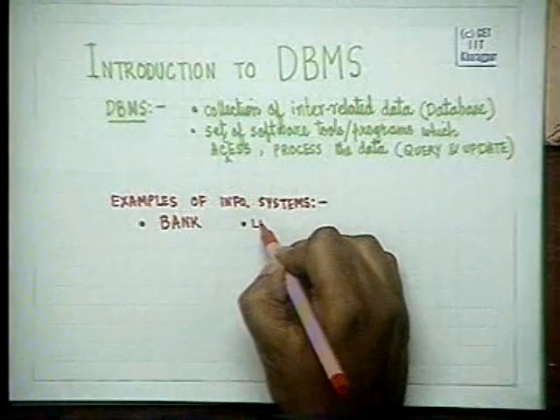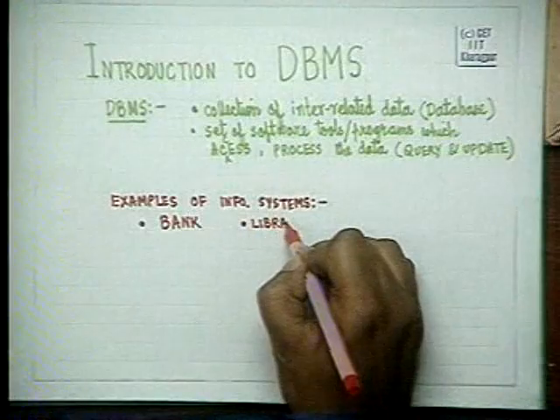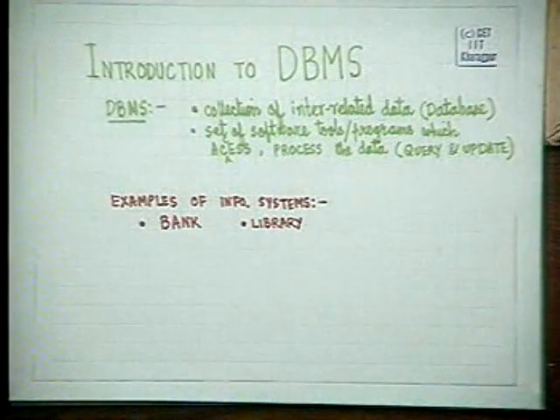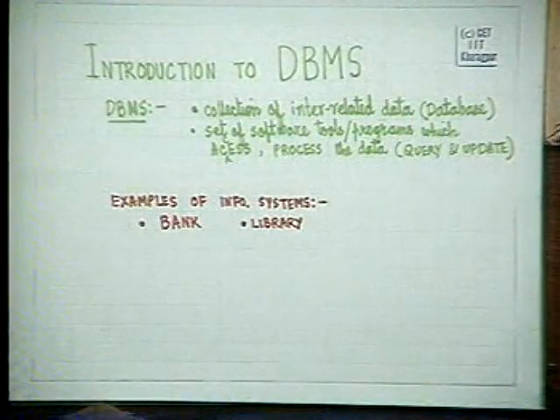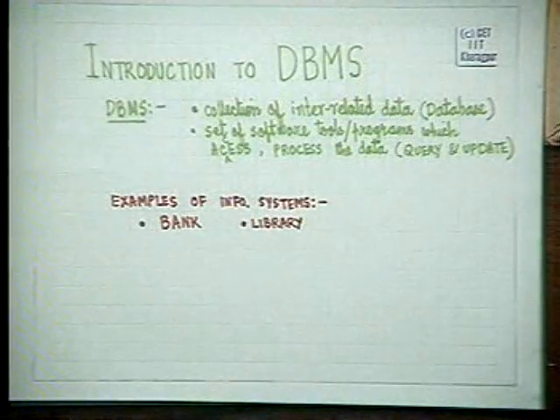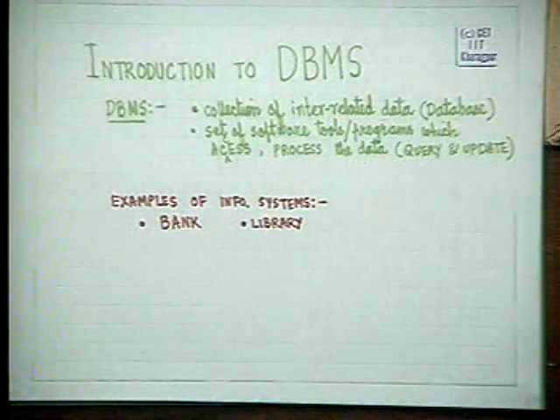This is one classical example. A second very interesting example is a library information system. All of you know that there are books, there are borrowers who have borrowed several types of books, there are people who have donated books, there are sellers who have supplied books that have been purchased through a certain process, and there are people who issue the books.